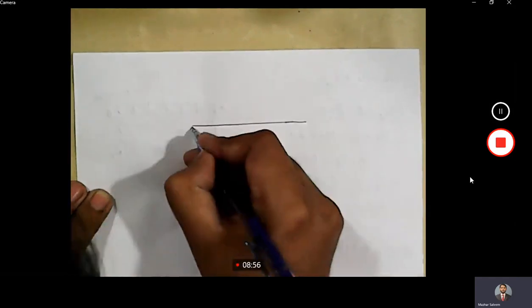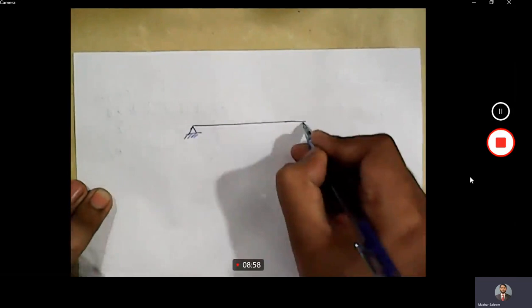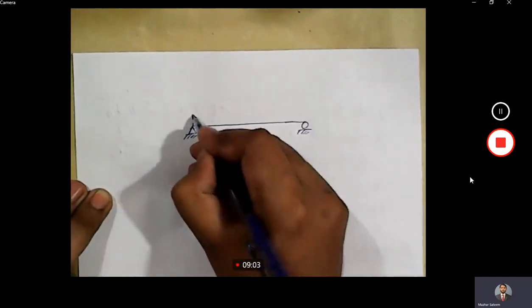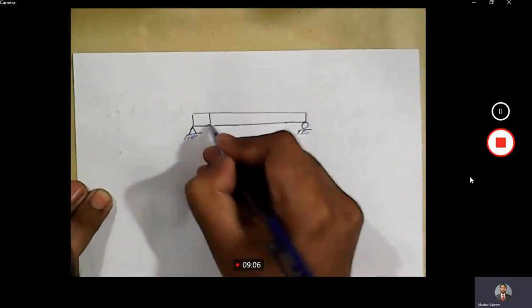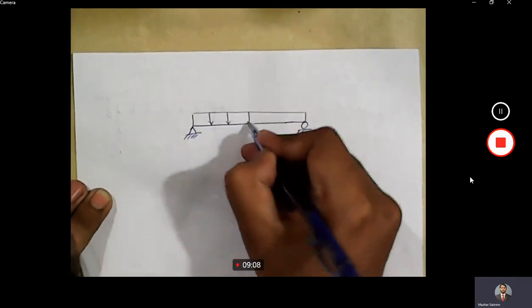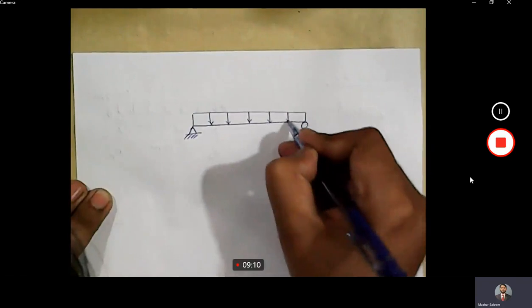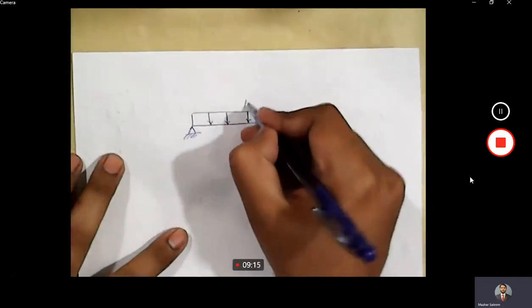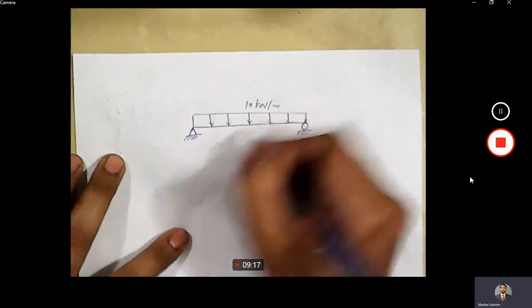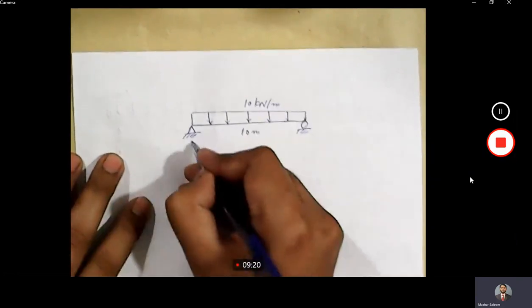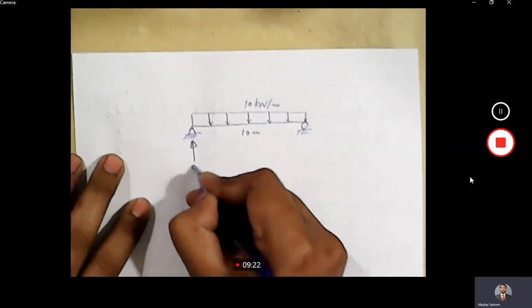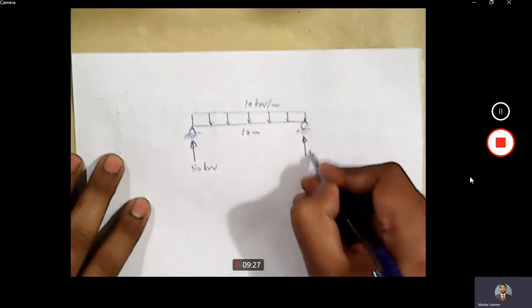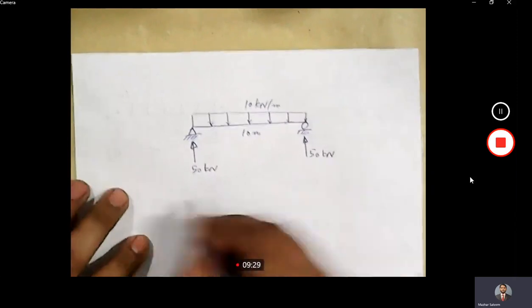Okay, we have a simply supported beam subjected to a UDL. Intensity of UDL is 10 kilonewton per meter. Span is 10 meters. Reaction here is 50 kilonewton, 50 kilonewton.